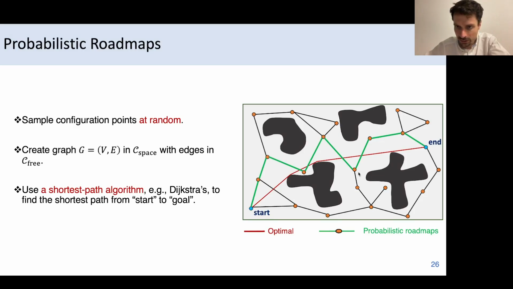Since the number of neighbors of each configuration point in the graph is small, applying this kind of algorithm is possible and very efficient. The shortest path is denoted here in green. Okay, so as you can see, it differs meaningfully from the optimal path.